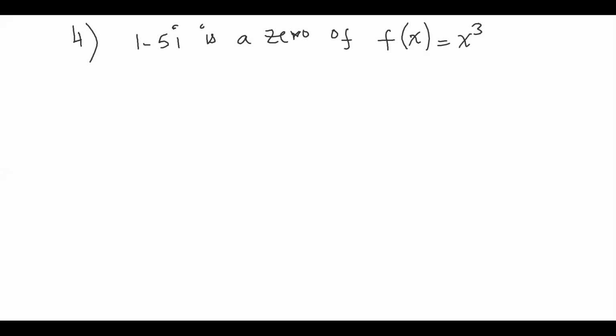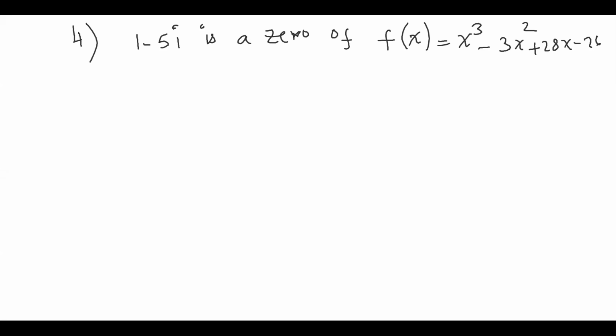So let's do number 4 now. I have 1 minus 5i given as a 0 of f of x. This is given.